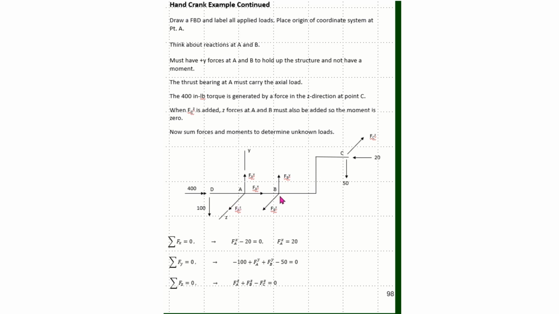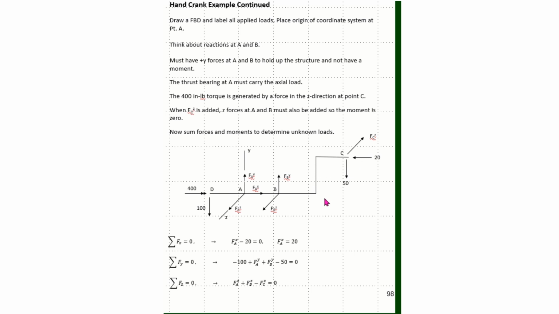So I now have all the reactions that can occur here at B. I have all the radial reactions that can occur here at A. I know that I also have the ability to carry a thrust load at A, so I'll have an FAX that will counteract this 20.